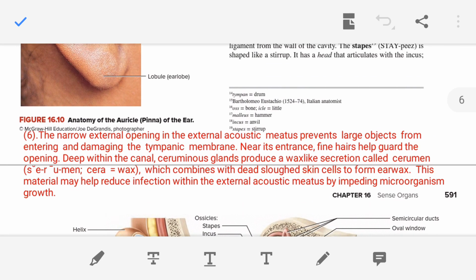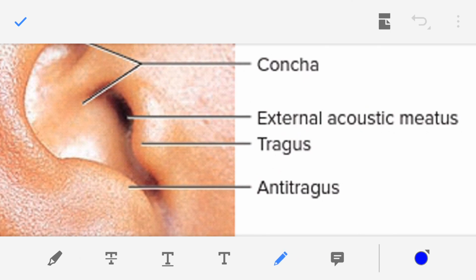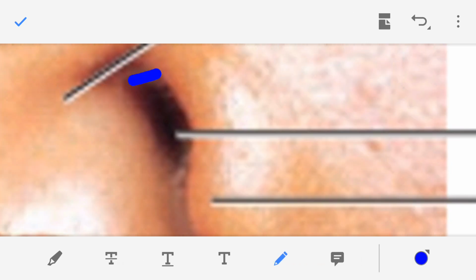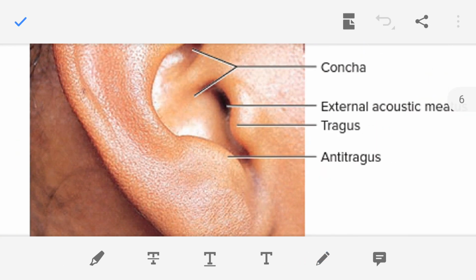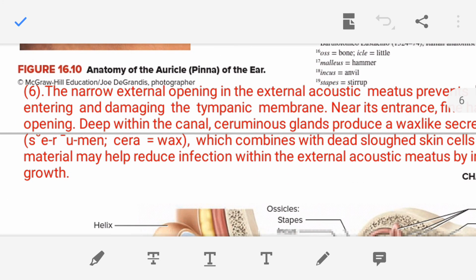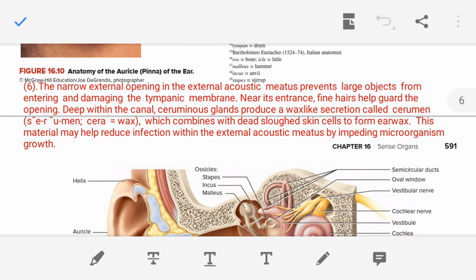Now in this narrow opening, if you observe closely, you will find inside fine hairs, very fine hairs are present, okay. So what is the role of this hair? So see, when the atmospheric air enters in our ear, in that air the dust particles or the dirt is there.